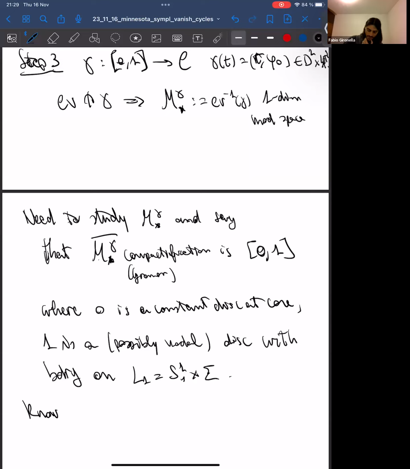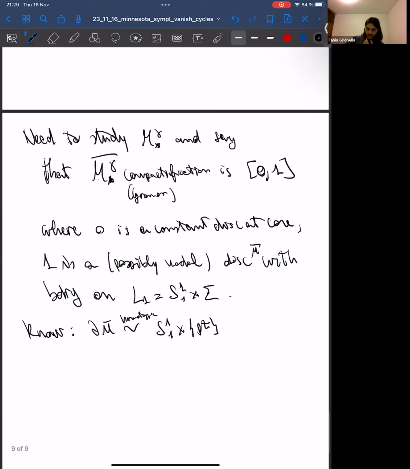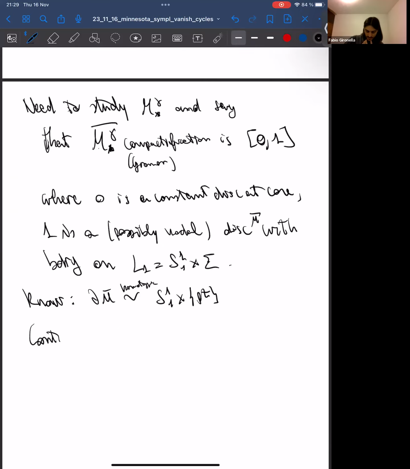And then one needs to prove, though it's not hard to see, that the boundary of this disk, let's call it U bar, is homotopic to S1 times a point. And so this contradicts the definition of vanishing cycle.